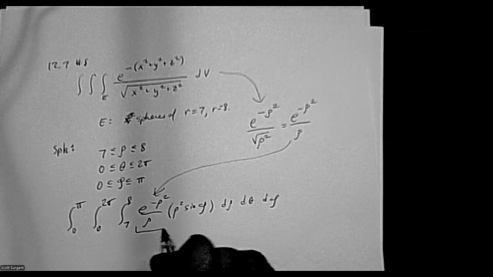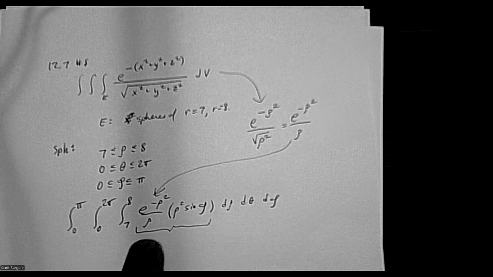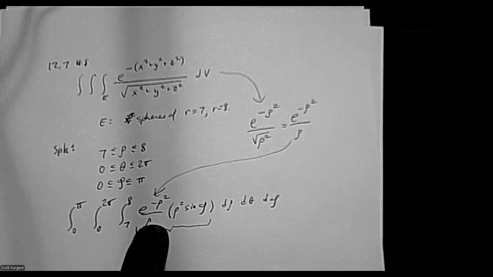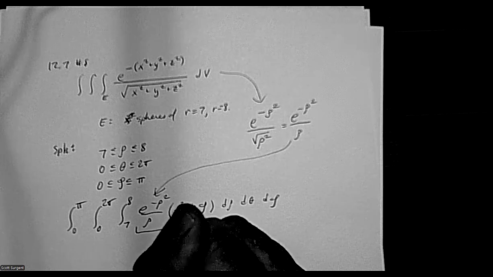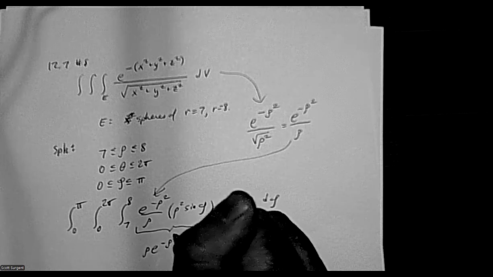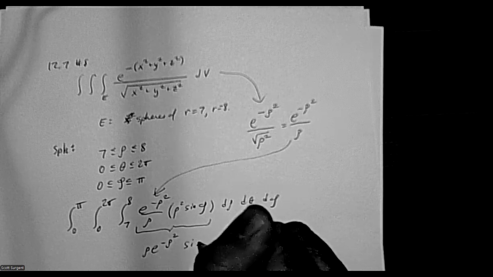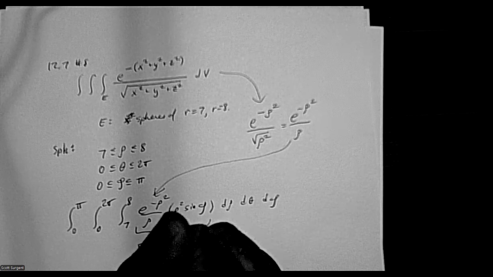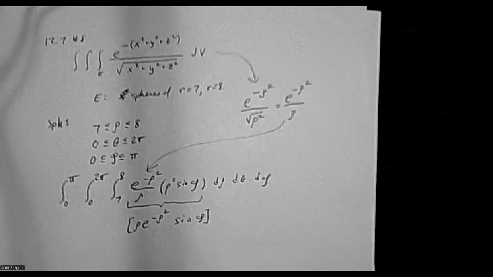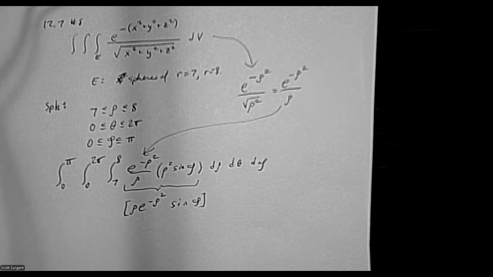Now I can clean this up even some more. You have two rhos up here and one down here, so that leaves one on top. So I have rho e to the negative rho squared, and then I have sine phi. And that's my integrand. I'll pause there for a moment and just make sure you're okay with that. Does that make sense, what I've done there?